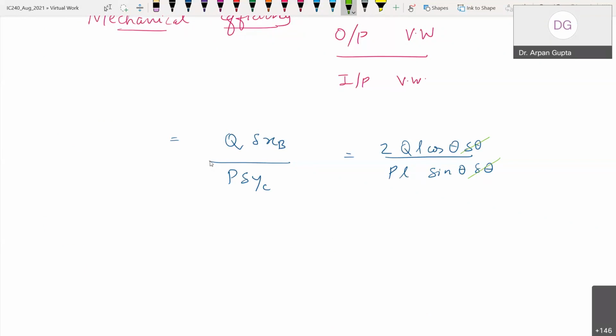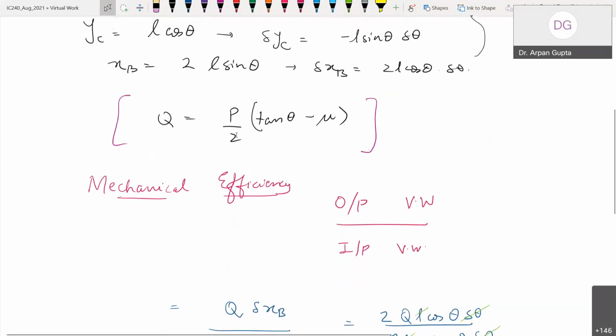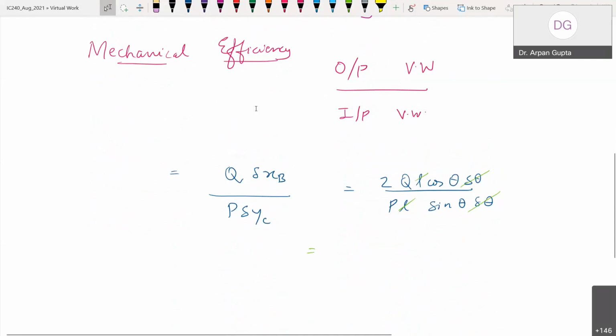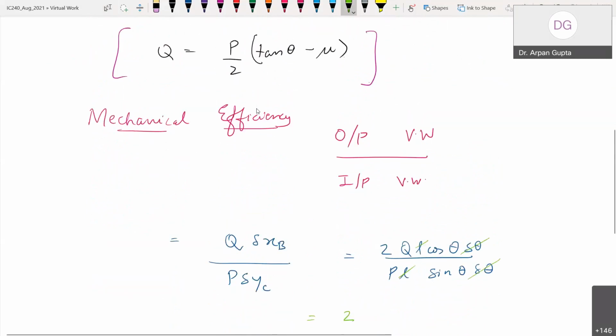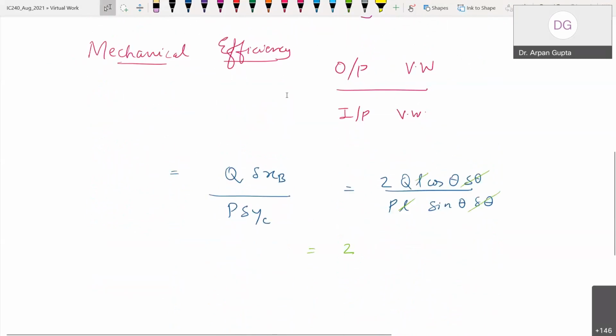Now, if there was no friction, if mu was 0, then if I substitute the old value of Q, this will turn out to be 1. But now if I substitute the value of Q in terms of friction, the P by 2 cancels, and if you simplify this expression, I'll directly write the final expression.